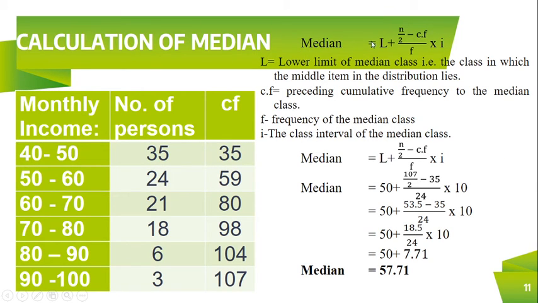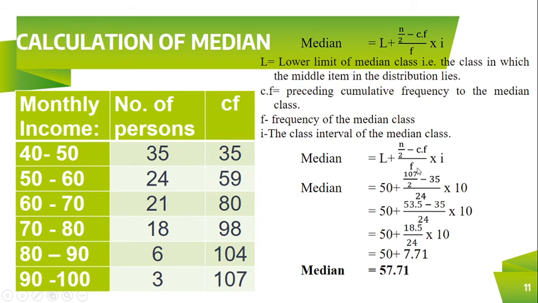Now going on to the median, N by 2 is first found out. N by 2 is 53.5. 107 by 2 which is 53.5. So we draw a line across and the value next to it is 50 to 60. So L is 50. So 50 plus N by 2 minus CF, the CF before the line, that is 35, divided by F, the frequency pertaining to the median class which is 24, into the class size which is 10.